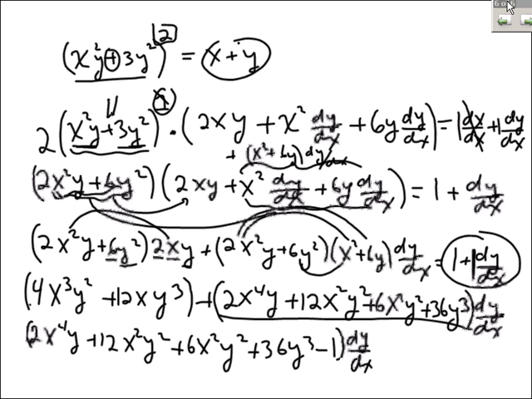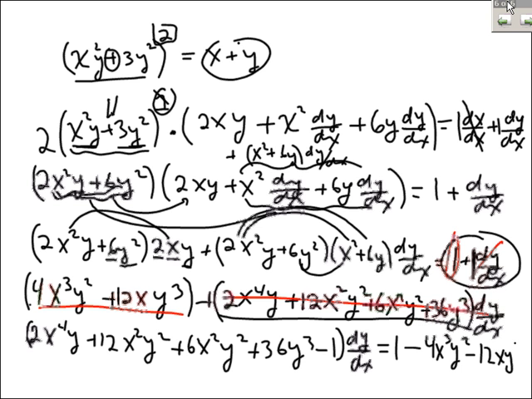So far, I dealt with this piece and that piece. So the right-hand side has 1, and this remains on the left side. I'm going to bring it over to the right side. So the right side is 1, and then I take away the 4x cubed y squared, and I take away the 12x y cubed.